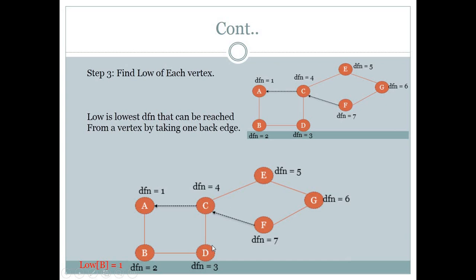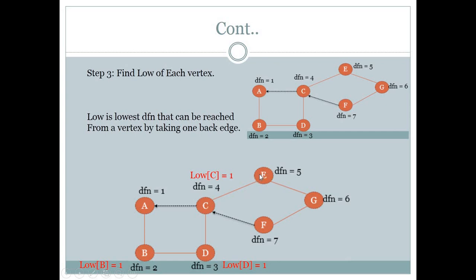For D, if we go from D to C, and from C we have a back edge to A, and A's DFN is 1, so low of D will again be 1. For C, if we take the back edge we reach node A, and DFN of A is 1, so low of C will become 1.